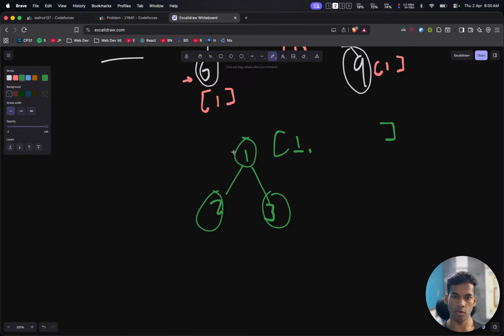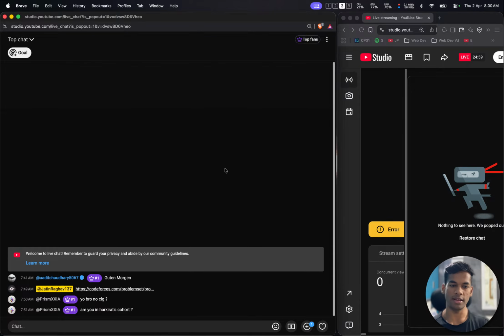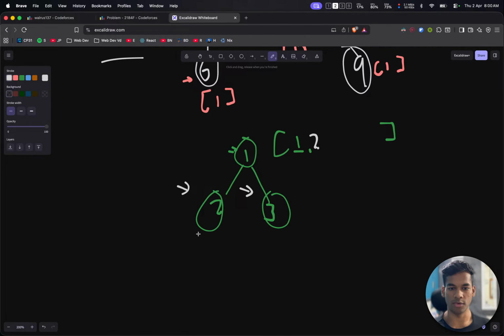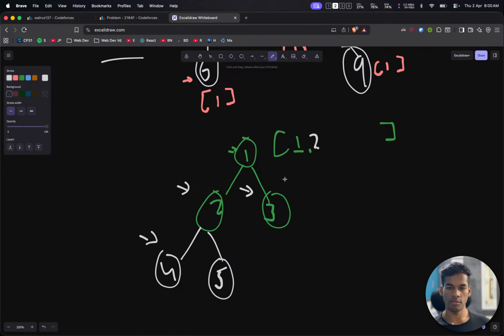If we were to not choose 1 and choose its children instead, we would have 2 here in the list. And what are we showing in the list? I don't exactly know. 2 has more children, 4 and 5. It increases by 1.